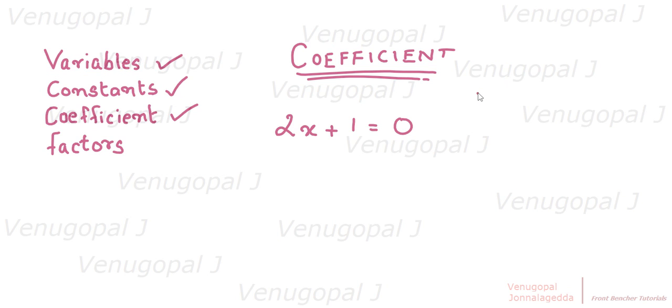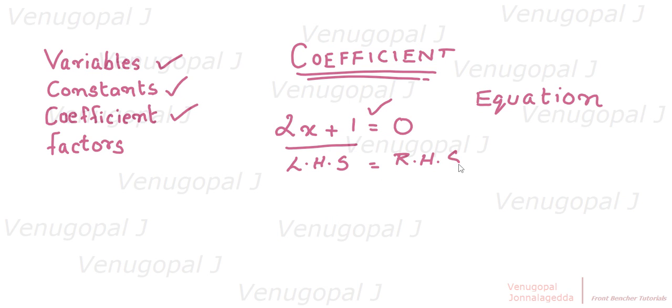So I have a new term which I learned just now. This is an equation. Why is it an equation? Because you have an equal to sign and you have a left hand side and a right hand side.